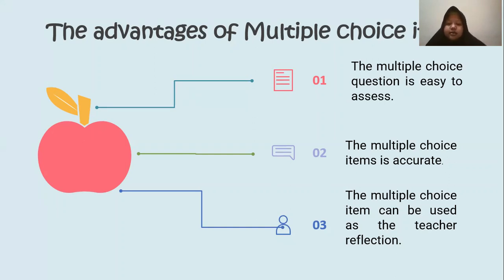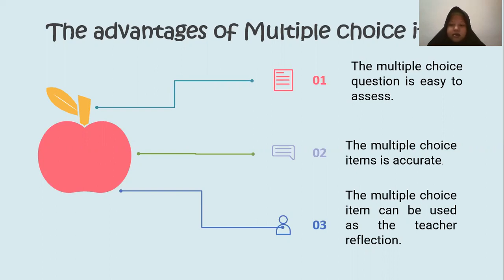And the second advantage is the multiple choice item is accurate. As I said before, the scoring rubric of MCQ is 1 point for a correct answer and 0 points for an incorrect answer. So there is no room for the teacher to measure the subjectivity of the students.